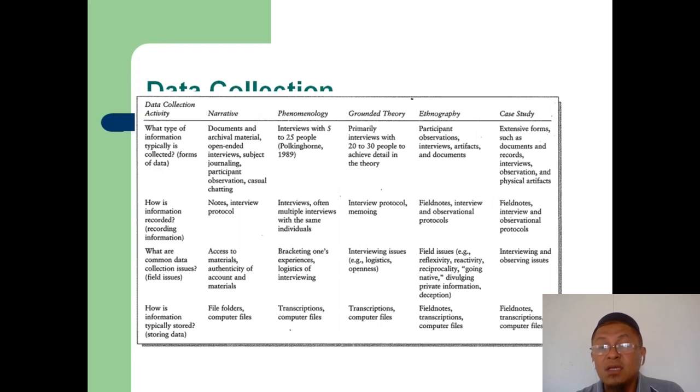As long as you are satisfied that you have collected in-depth or saturated data, probably you can stop at 6 or 7. Grounded theory, 20 to 30. Ethnography: participant observation, interviews, artifacts, documents. Case study: all documents you collect, interviews, focus groups also possible.